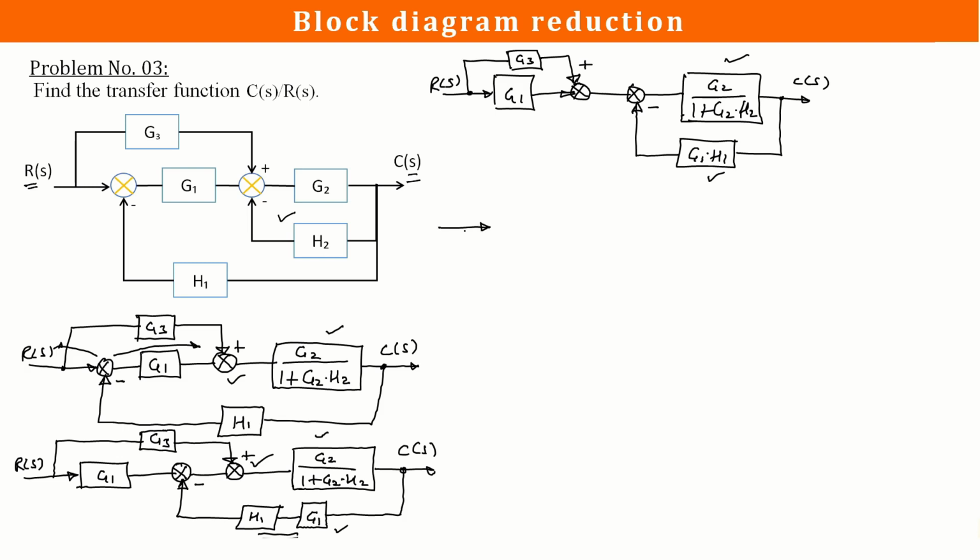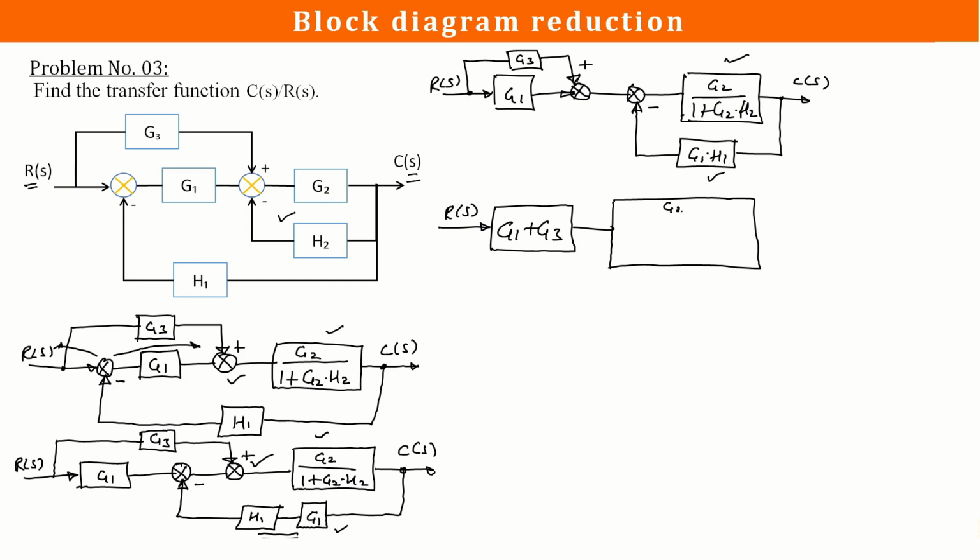So let's do that. So we are having R of S, and now we can replace G3 and G1 with a single block, and it will be having a transfer function as algebraic addition of these two blocks. So it will be G1 plus G3. Then after that we are having this minor feedback loop, so we can replace that minor feedback loop with its closed loop transfer function.